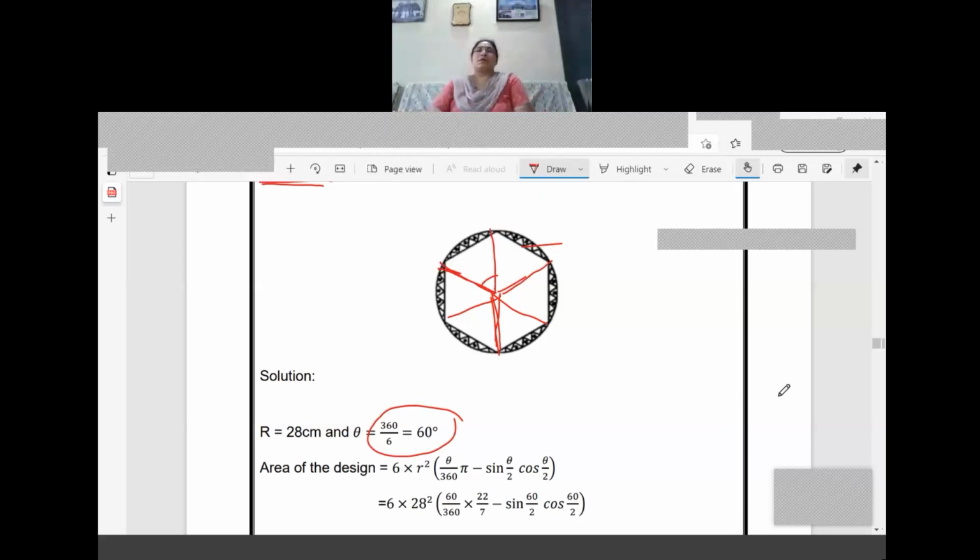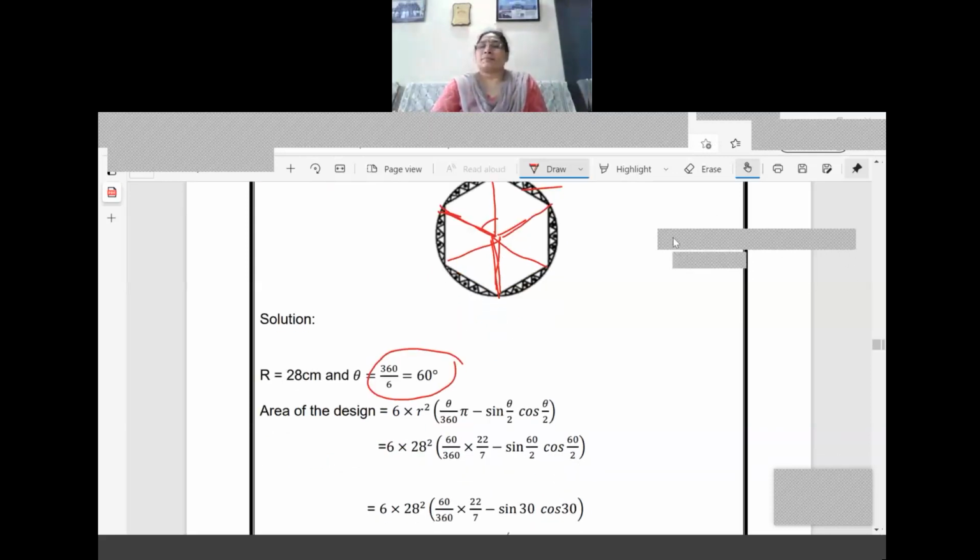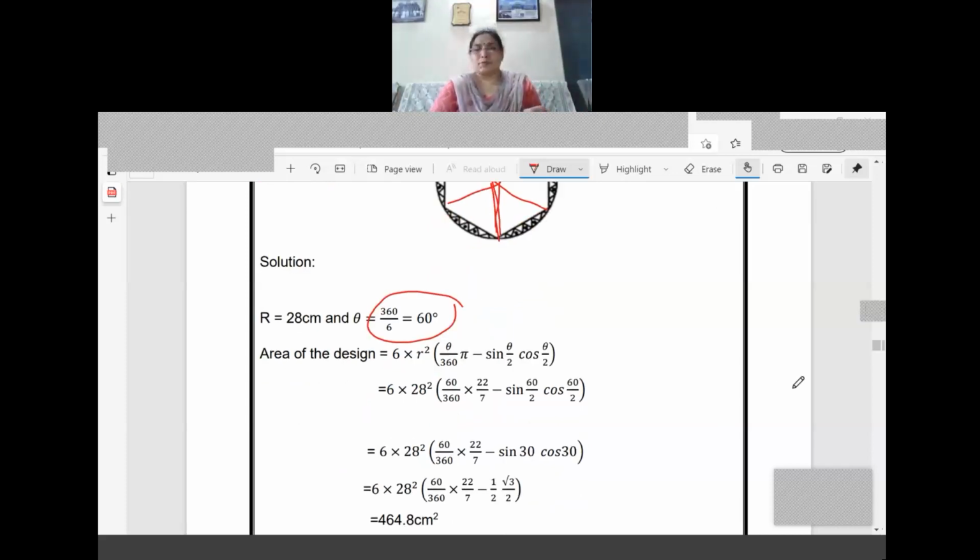What is the next point? Central angle we have calculated, theta equal to 60 degree only. Now what is the next step? We have to go for the area of the design. Area of the design means, I already told, it is a segment form only.